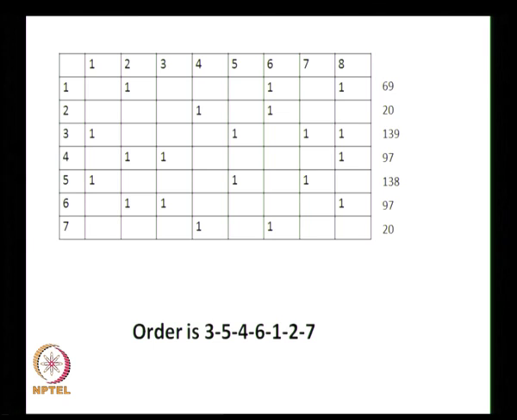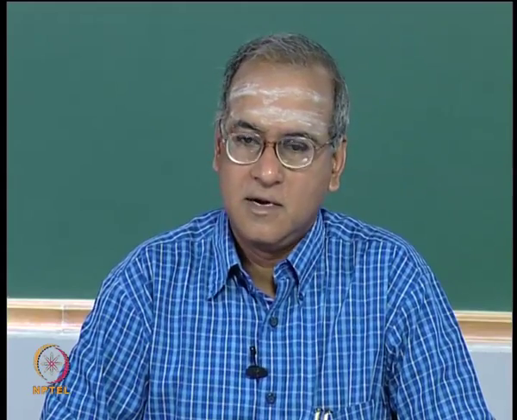For the sake of illustration, we are looking at a small sized incidence matrix, whereas in practice the incidence matrix will be much larger. So, we are considering a 7 by 8 matrix only for the purpose of illustrating the algorithm, understanding fully that real life matrices are much larger.